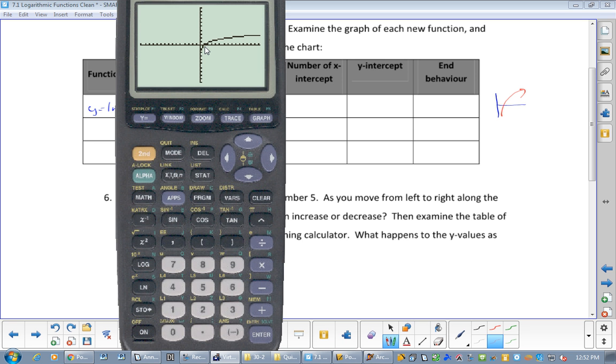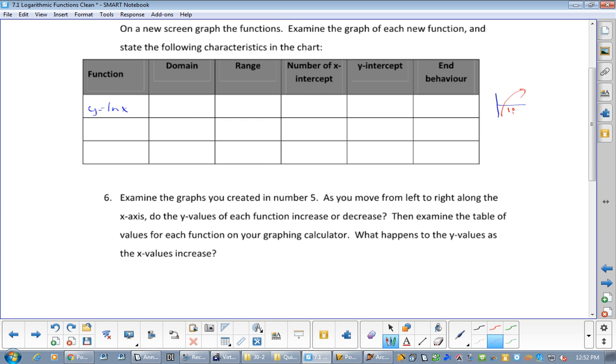So if I make y2 equals 0 and want to find my intersect, second trace, 5, enter, enter, enter. There we go. Okay, so this is still 1, 0.